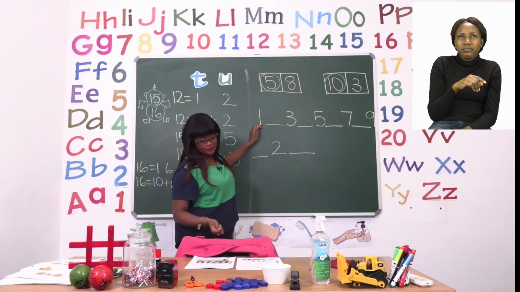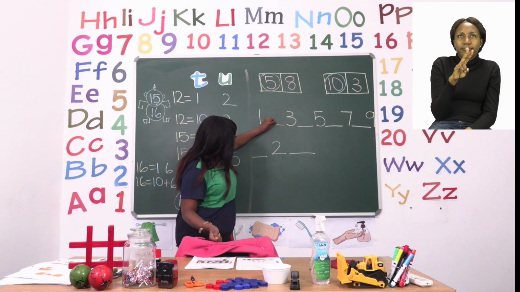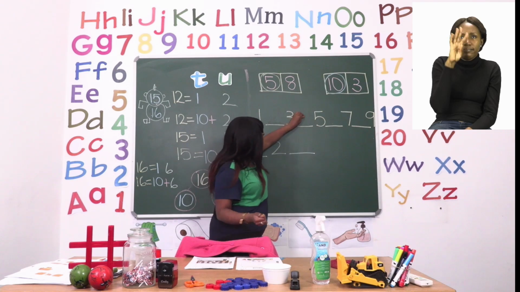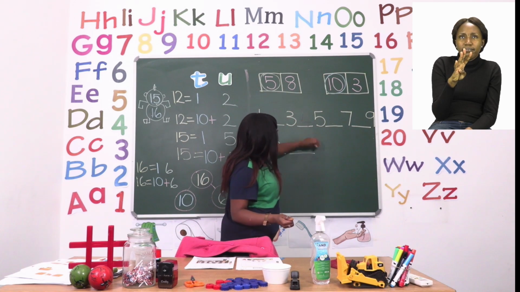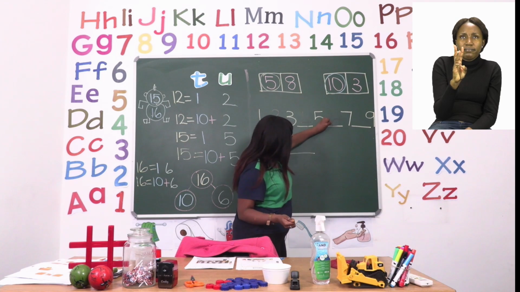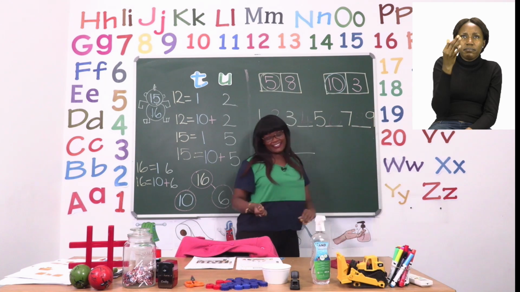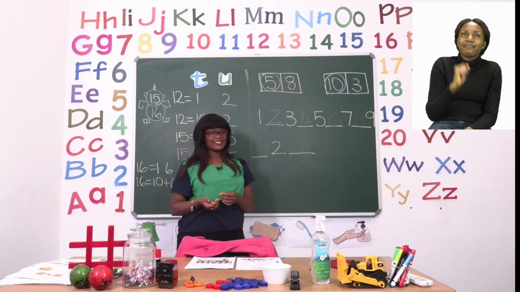It says 1, 2 is missing, 3, 4 is missing, 5, 6 is missing, 7, 8 is missing, 9. And now we have filled in the missing numbers.